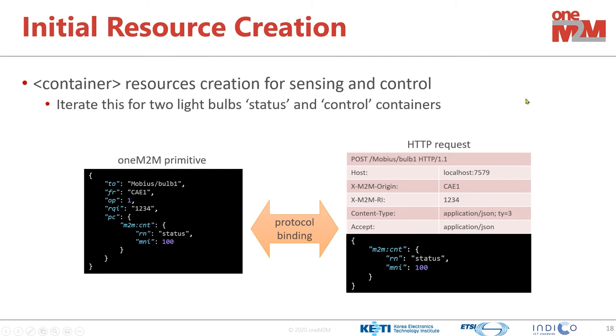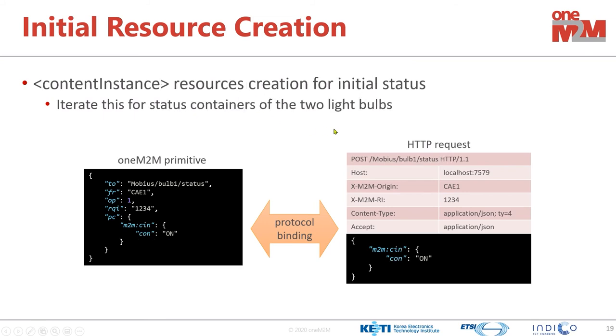So we have created the rooms for the content instances. One is the sensor reading from the sensor itself, and the other one is the actuation messages from the user application, finally delivered to lightbulb 1 and 2. And then we put the initial sensor reading in the status container of bulb 1 and 2. Let's say that they are turned on, so the payload that we chose is the string on.